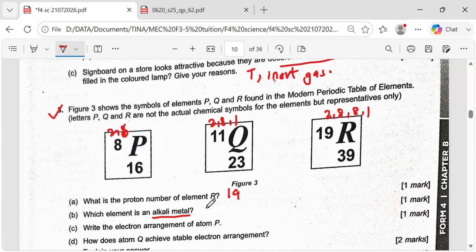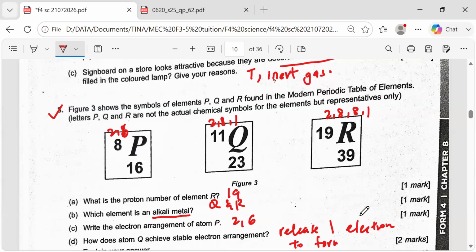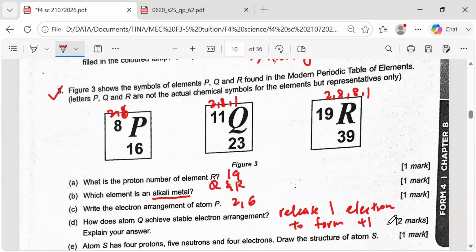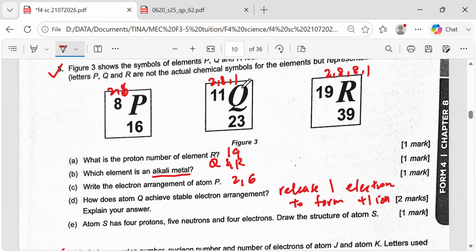So which element is an alkali metal? Q and R. Electron arrangement of P is 2 6. How does Q achieve a stable electron arrangement? Releases one electron to form a positive one ion. Okay? Because it has one electron, the valence electron.